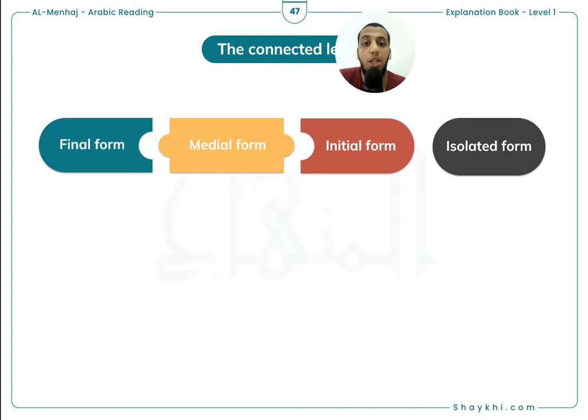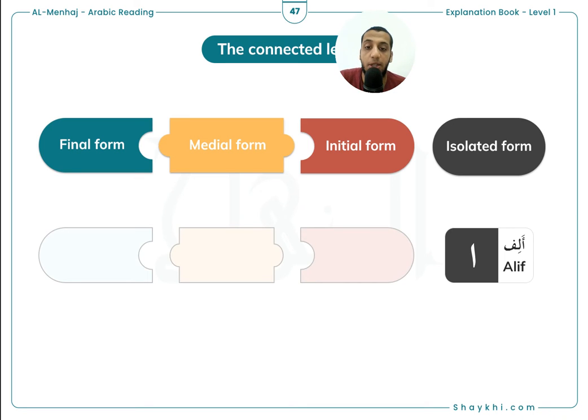So the first letter we have here is the letter Alif, as we know. We will discuss the three forms of this letter: in the beginning of the word, in the middle of the word, and at the last of the word.